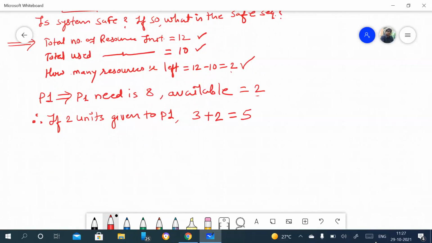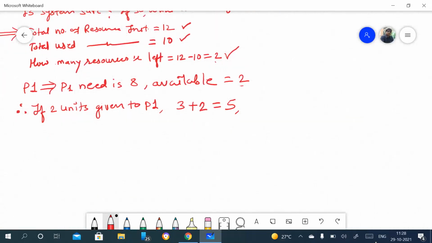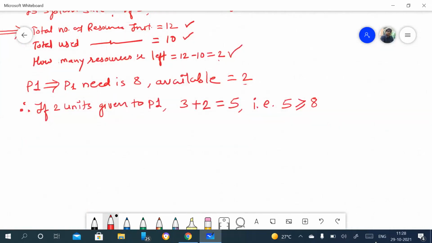Now you need to check whether process P1 is executing successfully or not. The requirement is 8 here. So this number 5 should be greater than or equal to this maximum need. Actually 8 is greater and this one is smaller. That's why we cannot say that this will execute. So we'll say incomplete, right? This process will not execute.